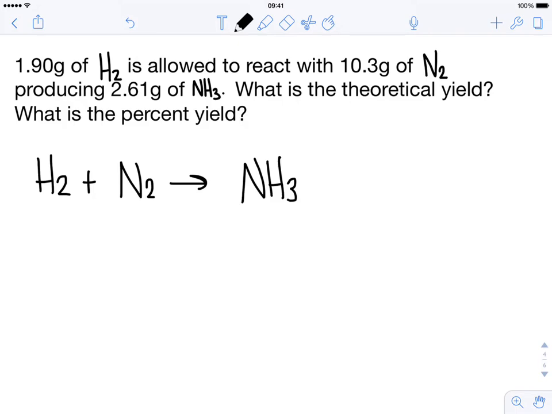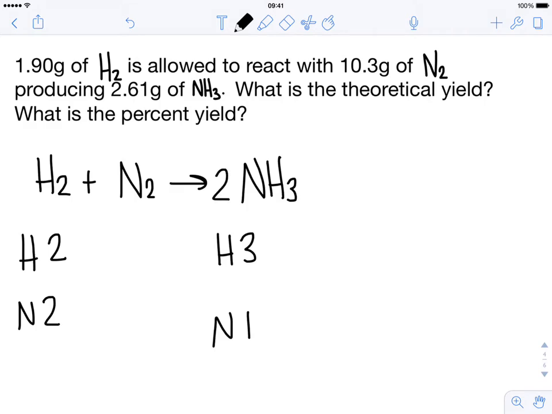Now the second step is to figure out, is this reaction balanced? Let's just do our little bookkeeping method here to figure it out. So we have hydrogen and nitrogen on both sides. On the left we have 2 hydrogens and 2 nitrogens, and on the right we have 3 hydrogens and 1 nitrogen. So the first thing I'm going to do is try to balance the nitrogens.